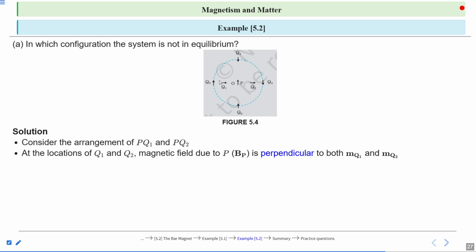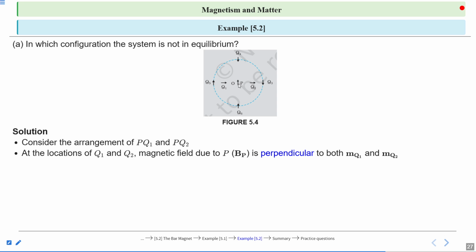Now, at the locations of Q1 and Q2, the magnetic field produced by P along the axis will be the axial field, and the magnetic field at the equatorial line, perpendicular to this P, will be perpendicular to these Q1 and Q2.